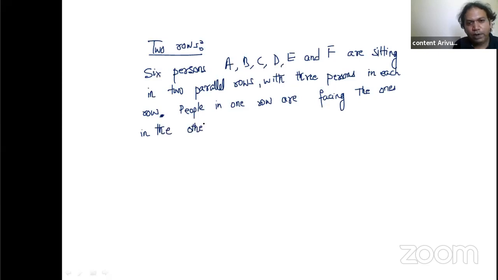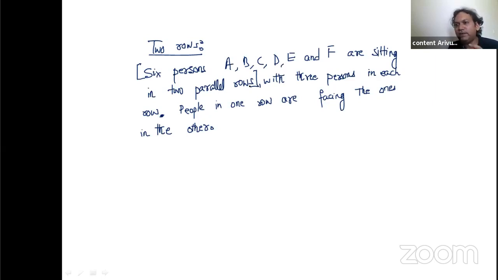Okay. The moment you read this statement, 6 persons are sitting in 2 parallel rows, whether it is mentioned or not mentioned, this is how we are going to approach it. 3 persons on each row facing each other. That's how you're going to interpret it. Read the question carefully. This is the setting of the question. Ideally any question that you get in the exam will be with 6 persons, that's all.